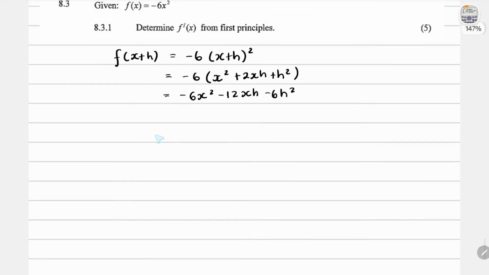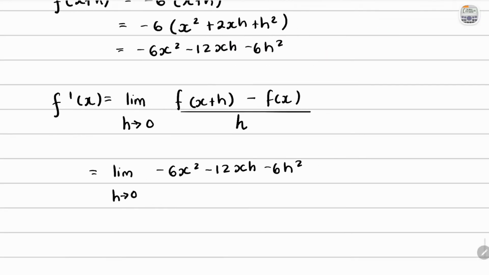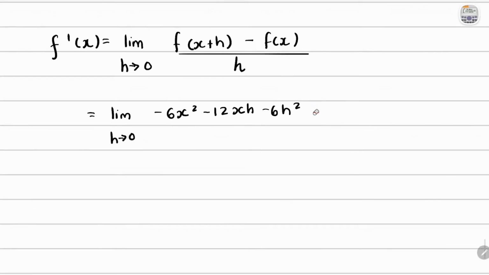Okay, and now we can put down our formula. So f'(x) is equal to, and we're going to just substitute. So the limit as h approaches 0, and then we take all of that and we substitute it in place of f(x + h). And then we are subtracting f(x), which is -6x². But you see, you'll say minus -6x², and so that ends up becoming a plus.